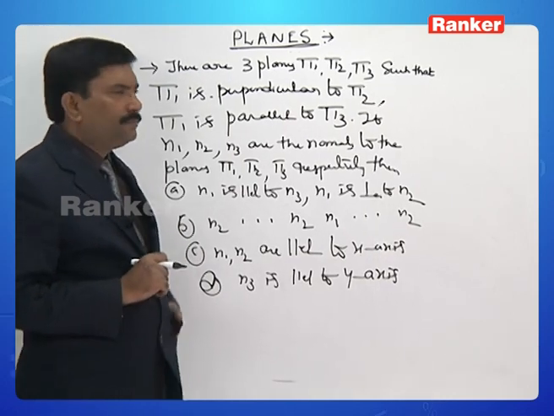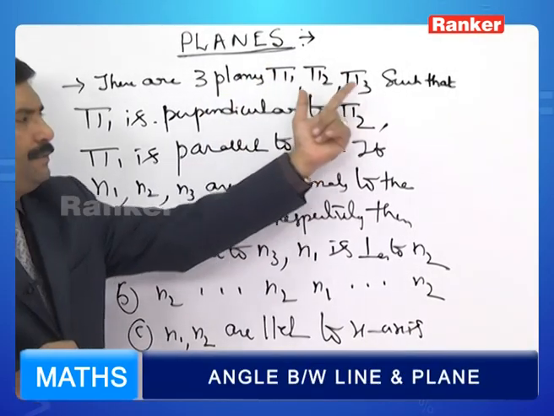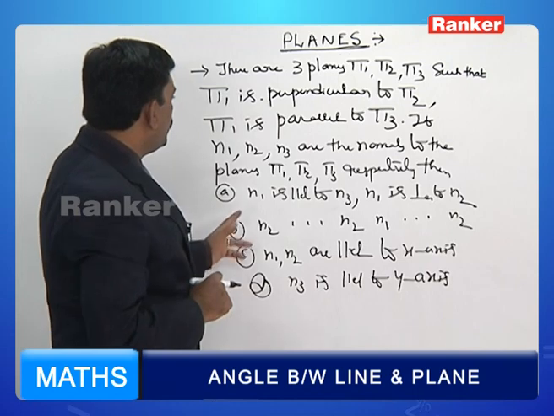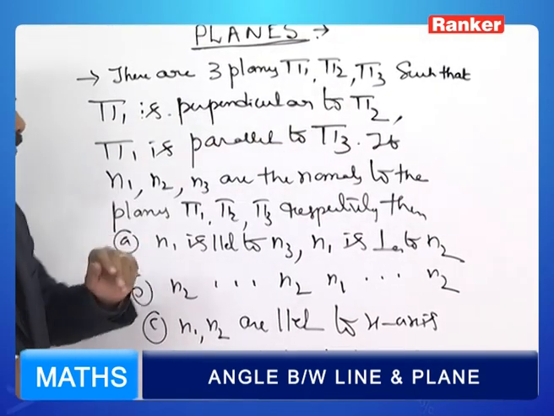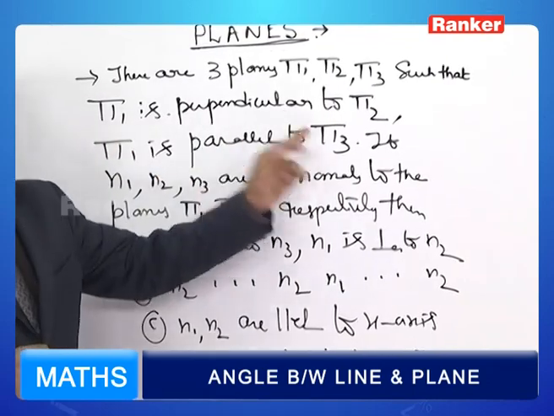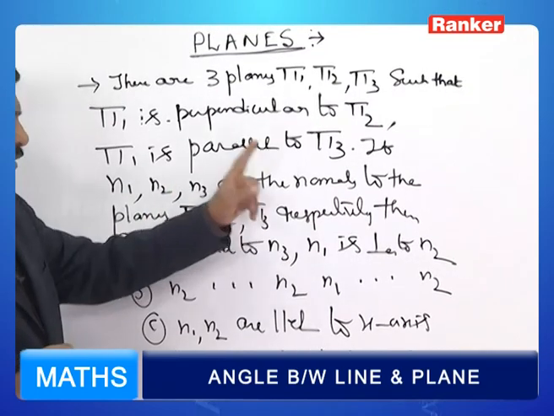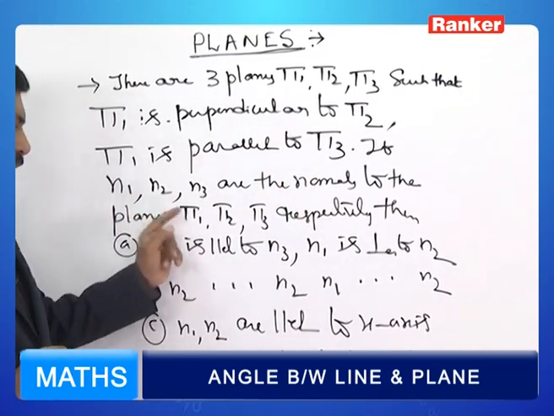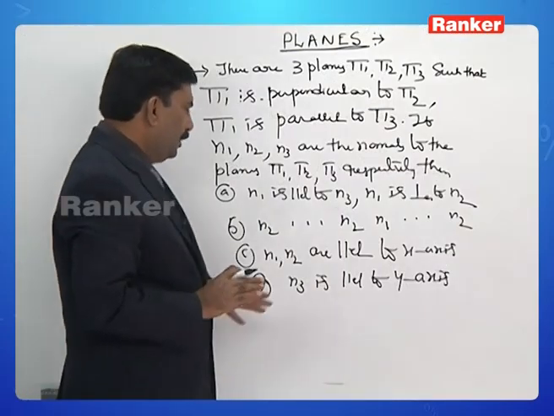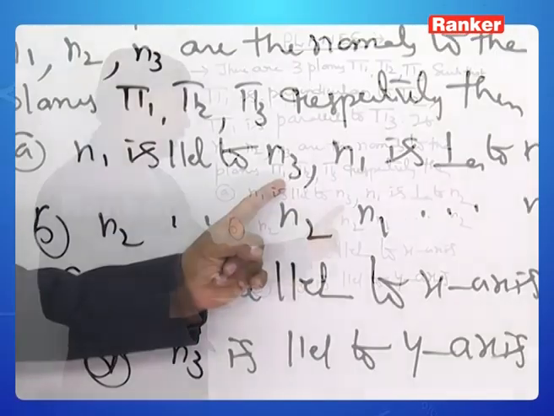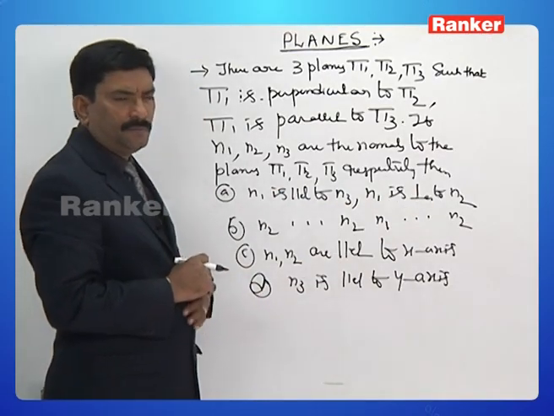Now coming to, look here. There are three planes, 1, 2, 3, such that plane 1 is perpendicular to plane 2, and plane 1 is parallel to plane 3. If n1, n2, n3 are the normals to plane 1, plane 2, plane 3 respectively, then n1 is parallel to n3, n1 is perpendicular to n2.